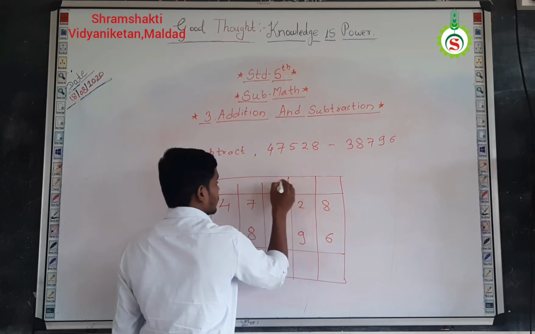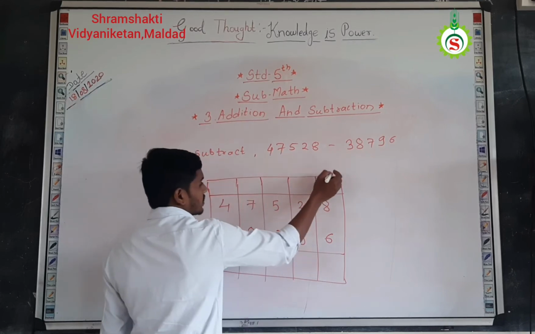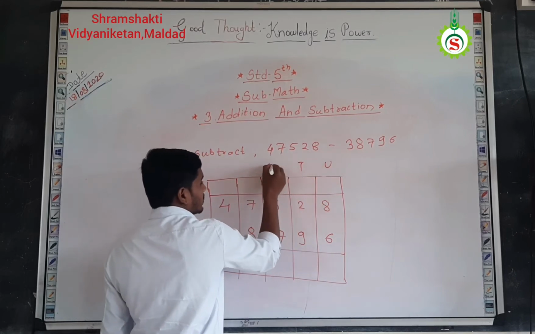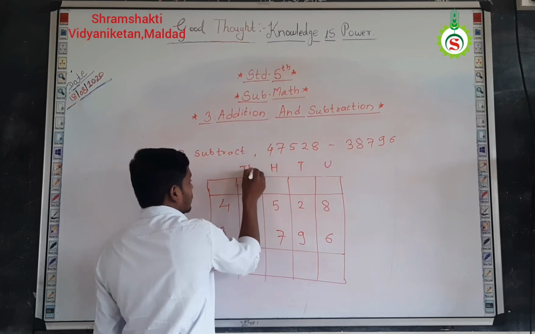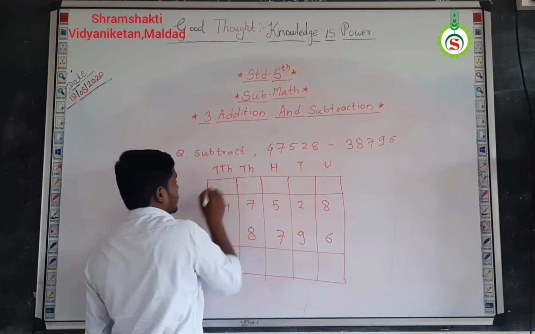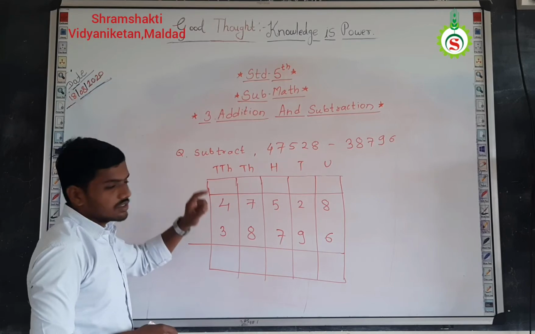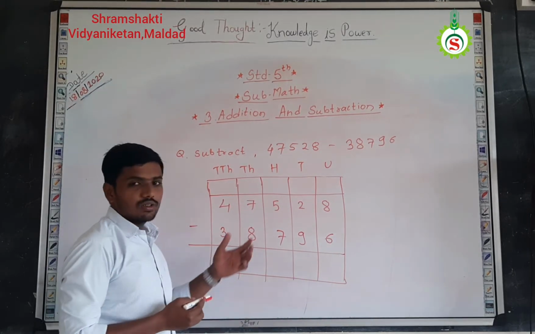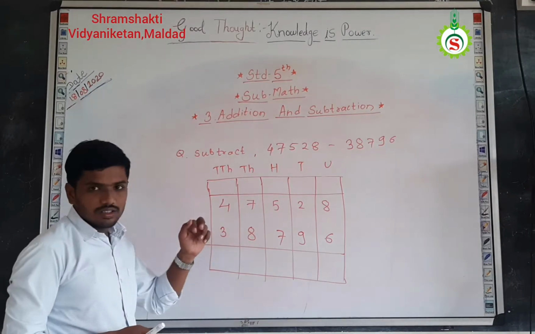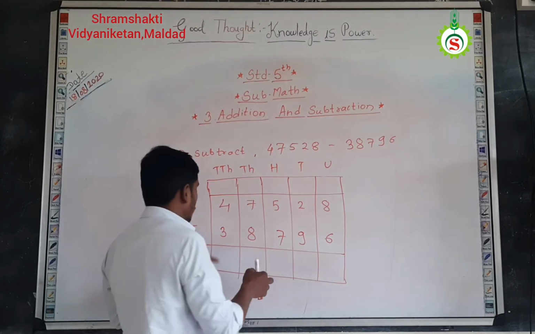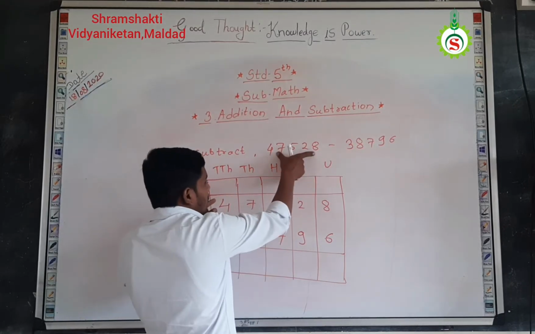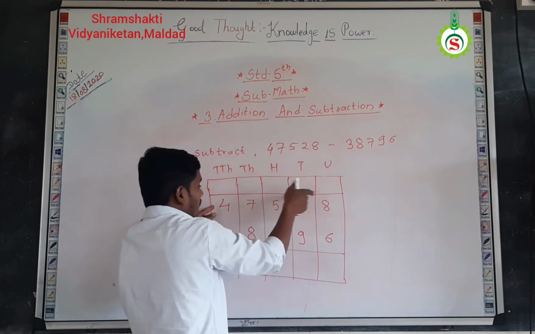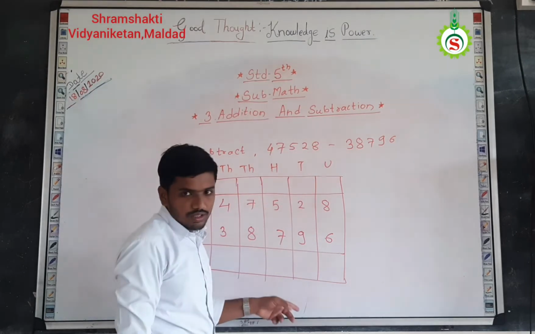If you want to write the places, you can also write them: units, tens, hundreds, thousands and ten thousands. It depends on you. If you want to write, you can write, or there is no need. So now I have arranged the given example from horizontal into the vertical manner.